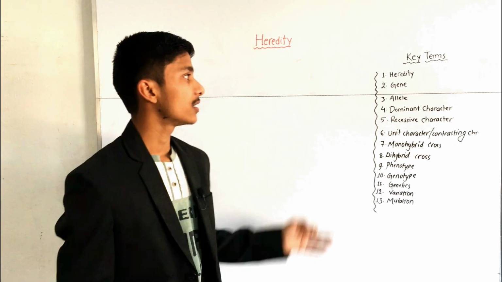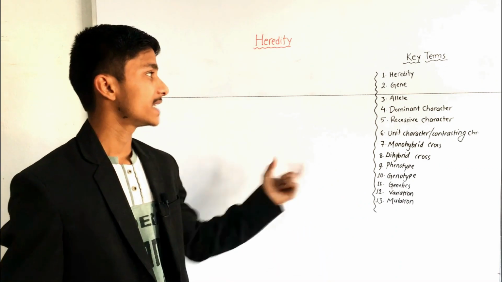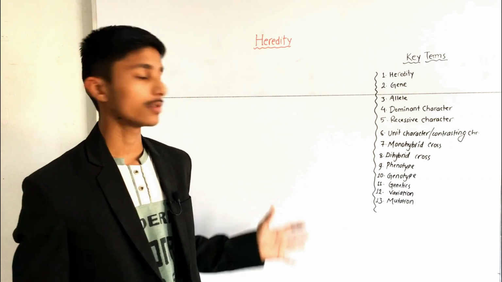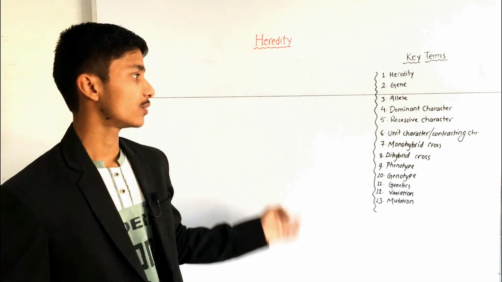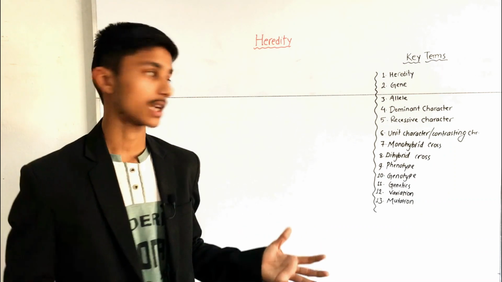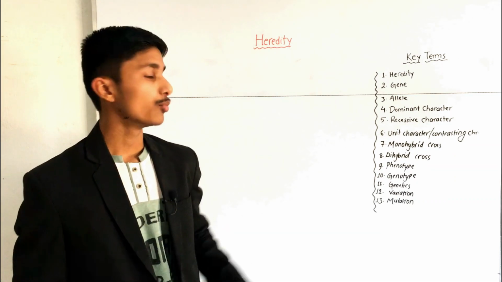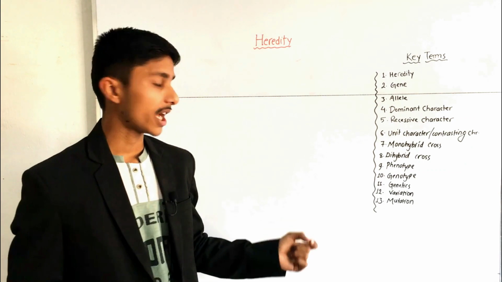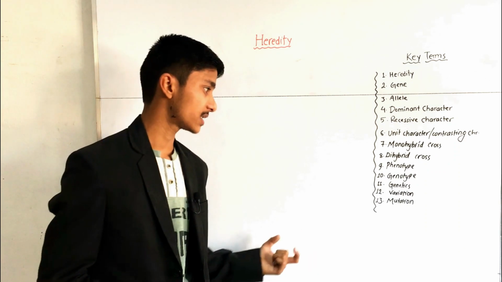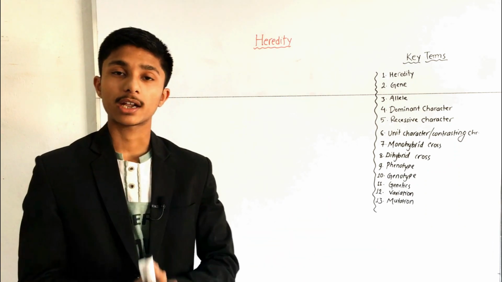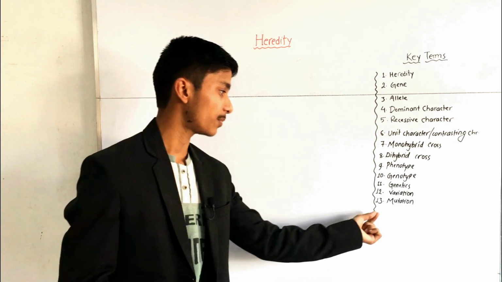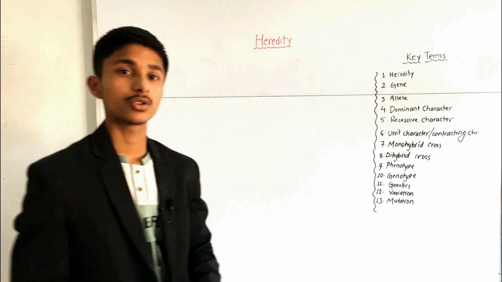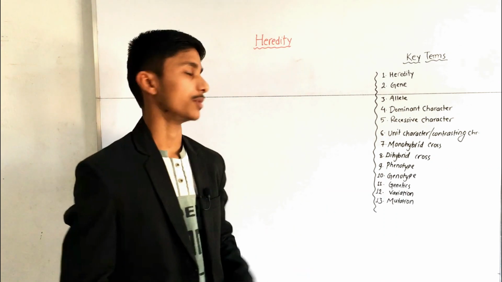The key terms are: first, heredity; second, gene; third, allele; fourth, dominant character; fifth, recessive character; sixth, unit character or contrasting characters; seventh, monohybrid cross; likewise dihybrid cross, phenotype, genotype, what is genetics, variation, and at last, the thirteenth topic, mutation. Okay, so let's learn about all these topics.